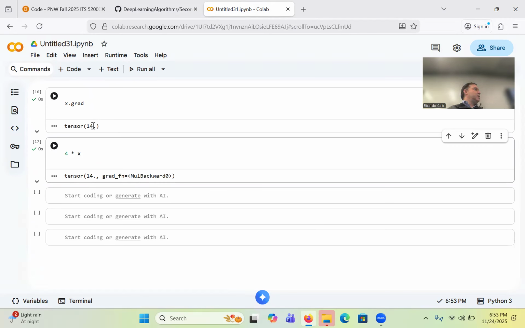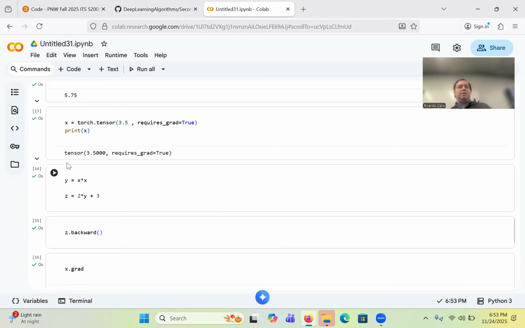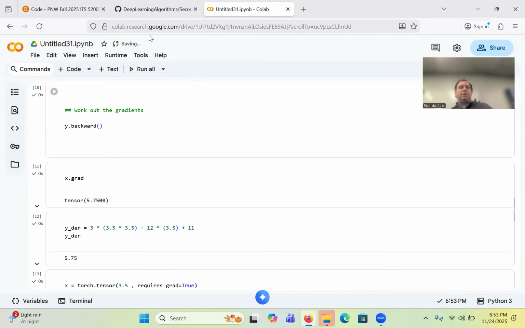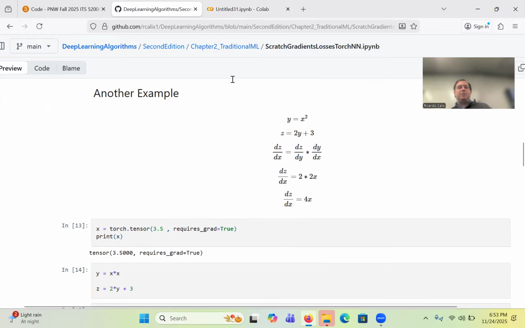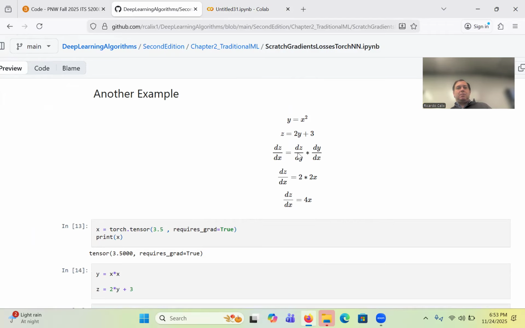Do you guys understand? So essentially, the autograd is giving you the value. It's calculating inside, although we don't see it, that the derivative of c in terms of x was equal to the derivative of c in terms of y, 2, times the derivative of y in terms of x, which is 2x, and so the answer is 4x, okay?